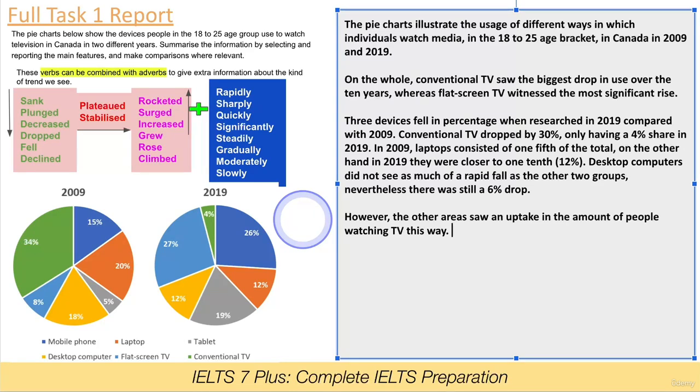Okay, so what saw the biggest increase? Definitely flat screen TV. Without a doubt, flat screen TV.